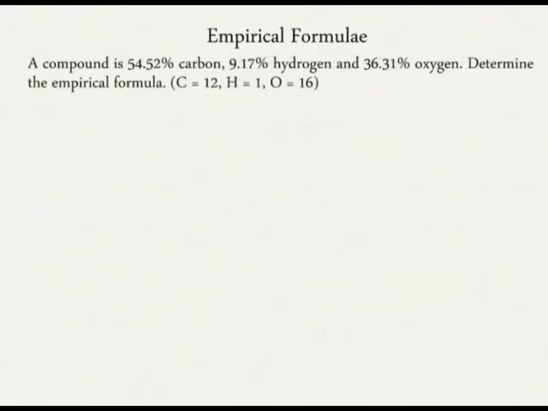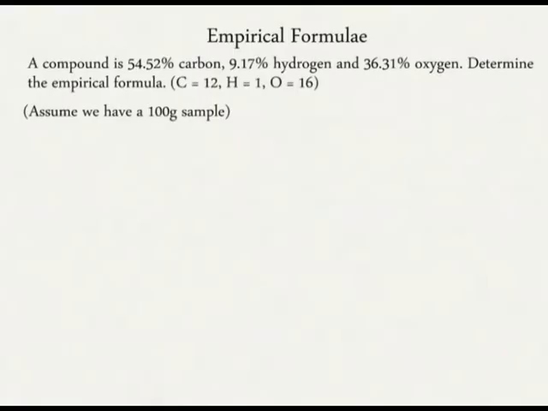Let's say you have a compound that is 54.52% carbon, 9.17% hydrogen, and 36.31% oxygen. We determine the empirical formula. Now, the first step is to assume that you have a 100 grams sample.